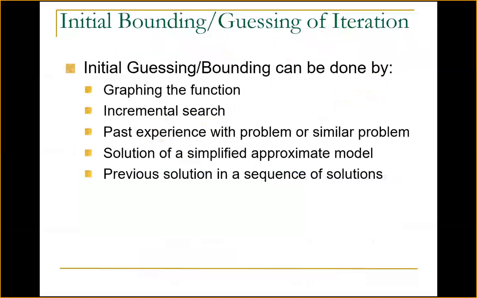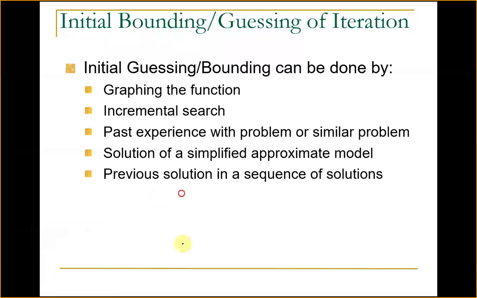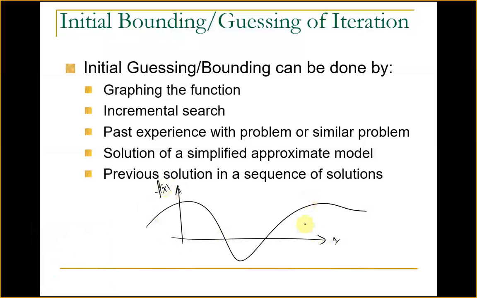Let's talk about guessing some more. So how do you normally guess? Everybody should be clear on bounding. Let us say I have a function. So I'm going to draw a graph of a function. This is a function of x. I happen to know that this is my function in this case, but I'm just using it as an example.